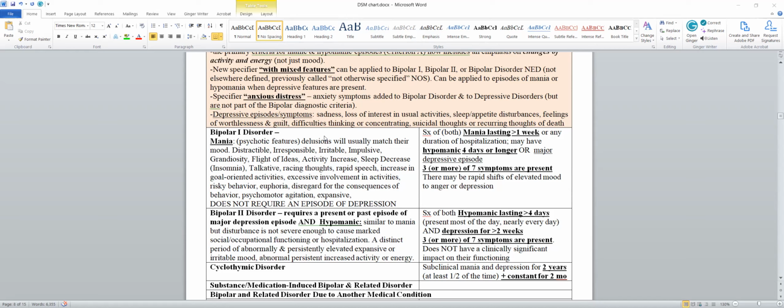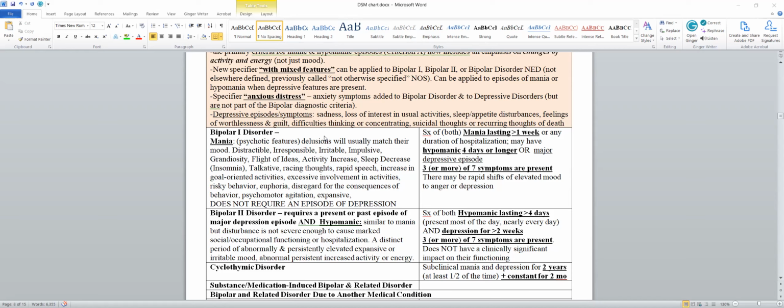Distractible, irresponsible, irritable, impulsive, grandiosity, flight of ideas, activity increased, sleep decreased, insomnia, talkative, racing thoughts, rapid speech, increase in goal-oriented activities, excessive involvement in activities, risky behavior, euphoria, disregard for the consequences of behavior, psychomotor agitation, expansive.